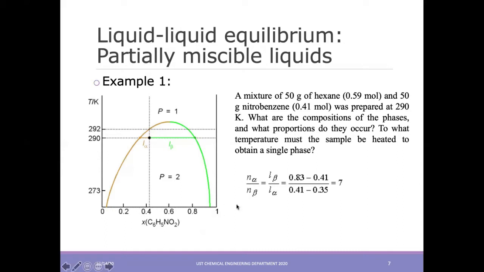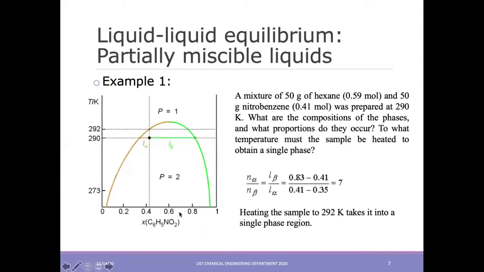So the answer is 7. What does it mean? This means that there is about 7 times more nitrobenzene-rich phase than hexane-rich phase. And heating the sample up to 292 Kelvin takes it into a single phase region.